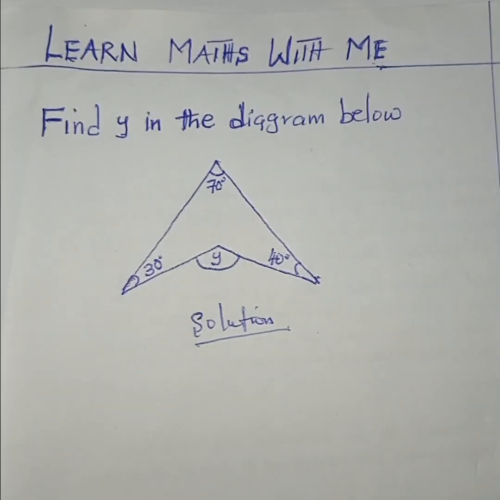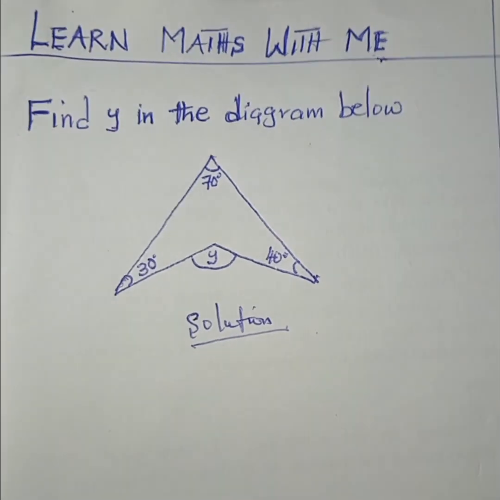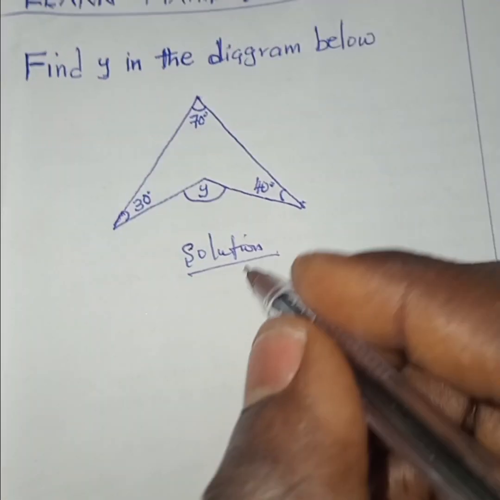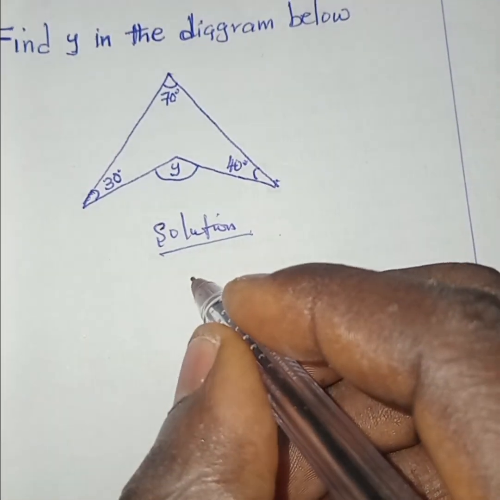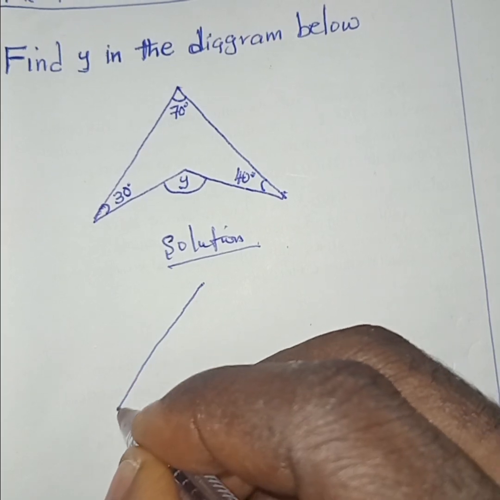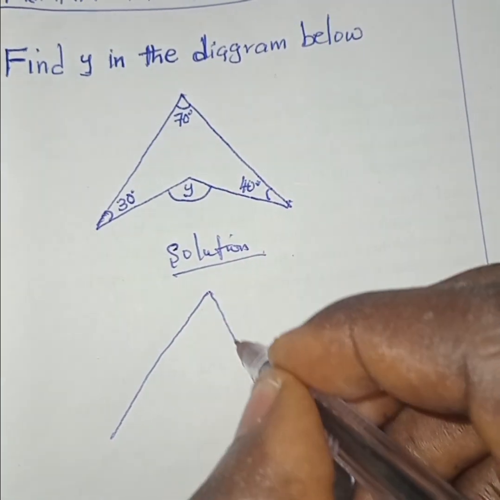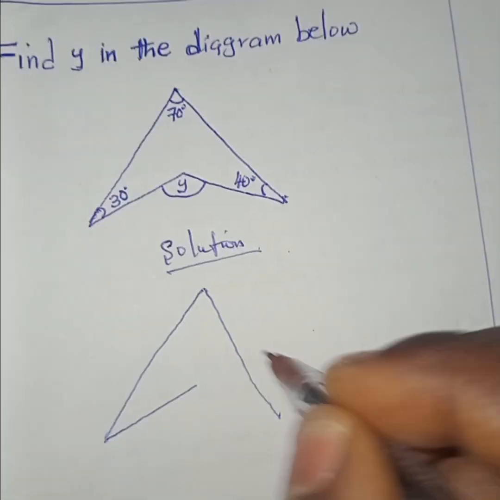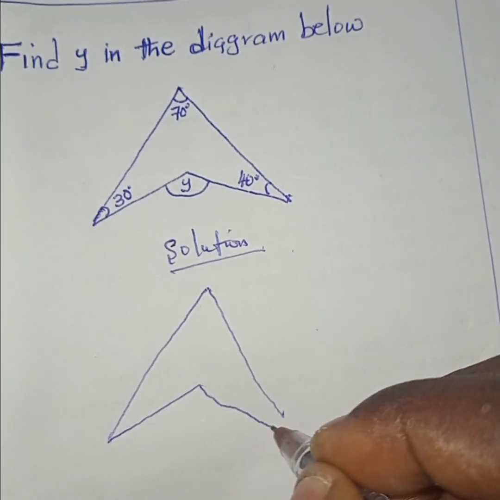Now let's focus on this one. So what are you going to do? Now let's redraw the diagram again. We have a diagram like this, and we have like this, and we have like this.